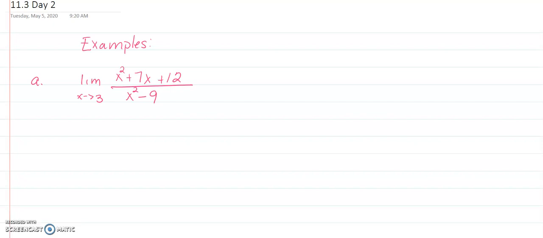For our example today, we're going to find the limit, if possible, of the given function. The first one is the limit as x approaches 3 of this given rational function. If I substitute 3 in, I would have an issue in the denominator, and therefore I could not find this limit.